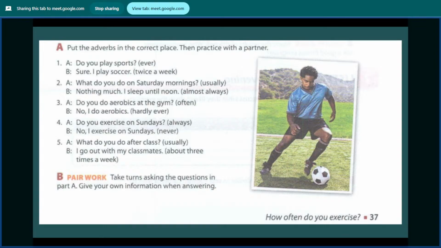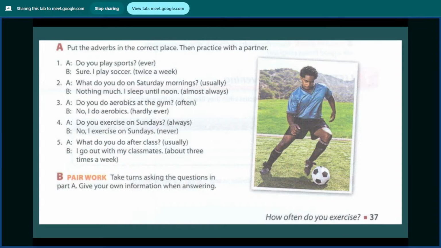Tejal, Ankita, are you guys done? Yes, ma'am. Okay. Number one, Ankita, tell me the correct answer.